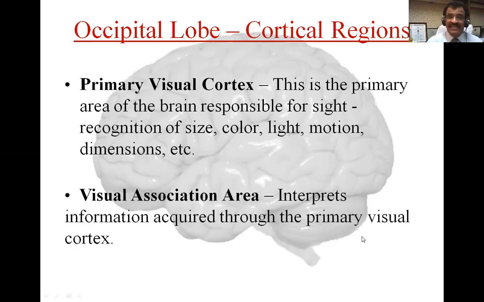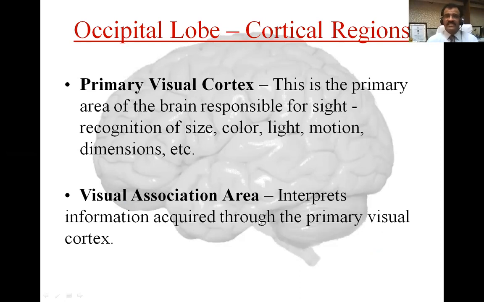And another area is just behind that, the visual association area. It interprets information acquired through the primary visual cortex. That means this is primary and this is secondary. Secondary is also called association. So area number 17 is given for this by Brodmann, and area number 18 and 19 is given to the association area by Brodmann. So we call it Brodmann's area number.